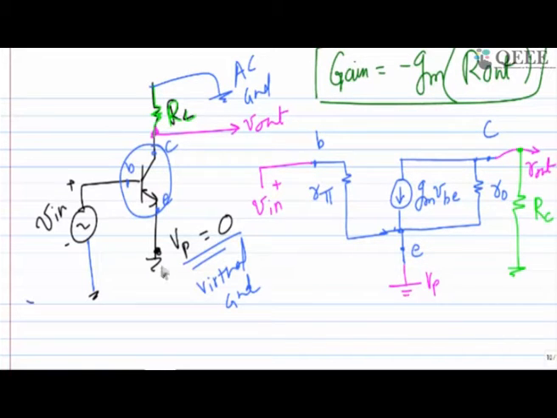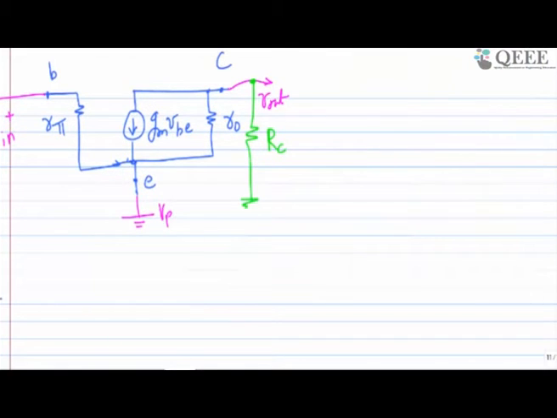One circuit means one side of the circuit, not both sides. We know that gain is equal to minus gm times Rout of the circuit. So this circuit has some output resistance, and that has to be found out.